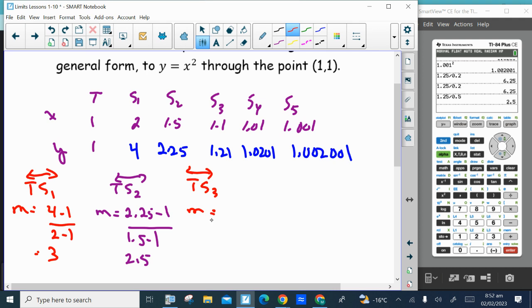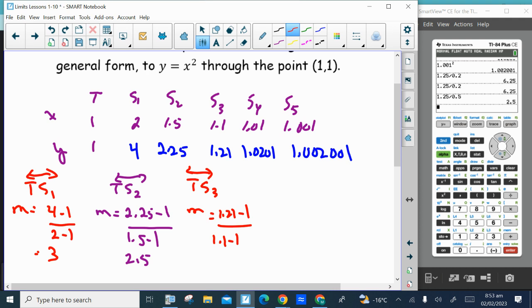So it'll be 1.21 minus 1 over 1.1 minus 1.